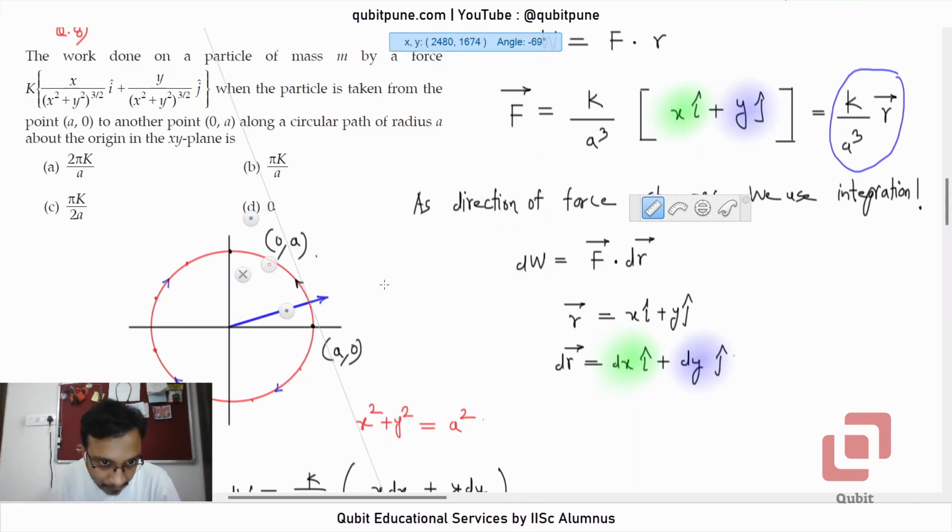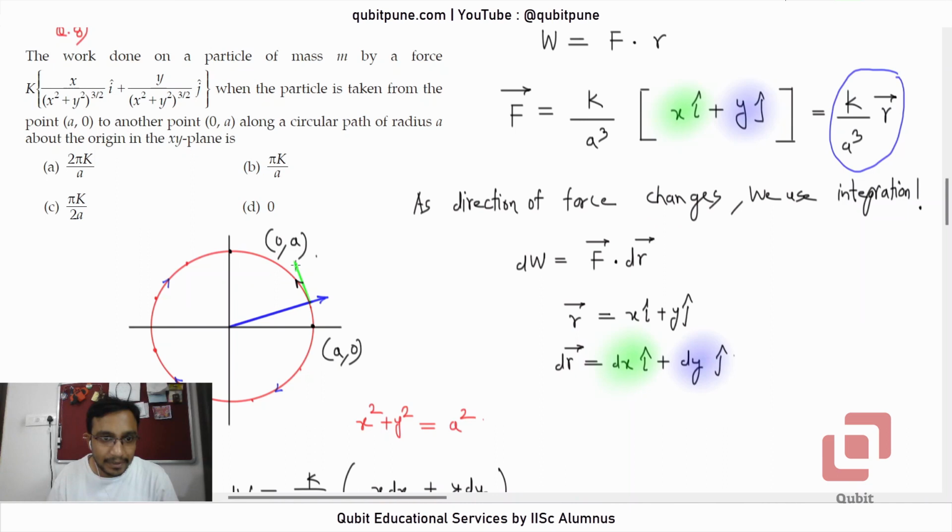If you have not understood, please ask me. F bar remains perpendicular to the displacement throughout the particle's journey from (a, 0) to (0, a), no matter where you are on the circle. So dr bar, being always perpendicular to the radial F bar, gives an integral of 0. Is that clear?